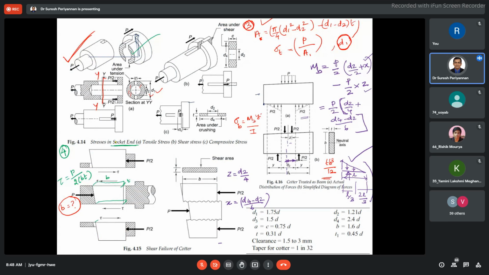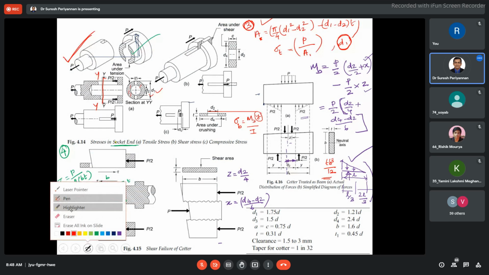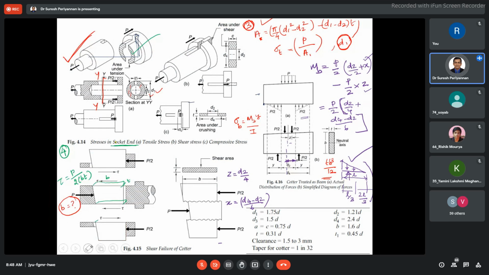Don't consider this Y, please; this Y is different. Please don't confuse. This Y is nothing but B by 2.